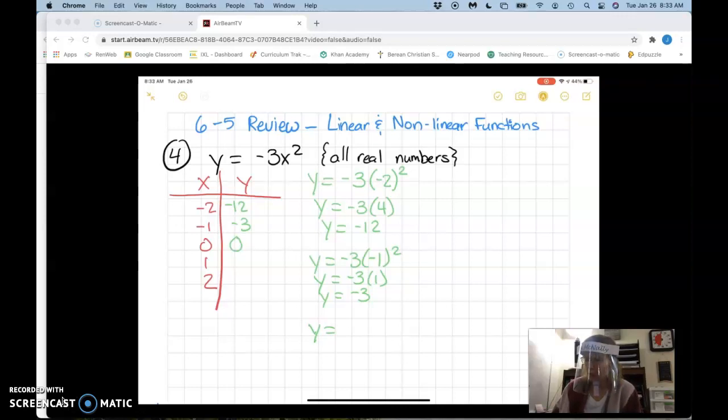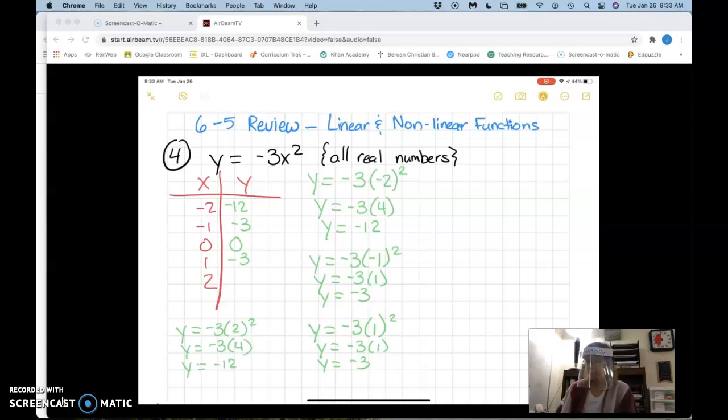Let's do positive 1. And then 2 again should equal a negative 12. Let's see. Negative 3 times 2 squared. Okay. And remember, my parabola is going to open down, so I want to have my graph mainly in the negative range.